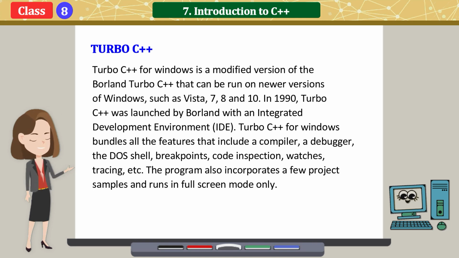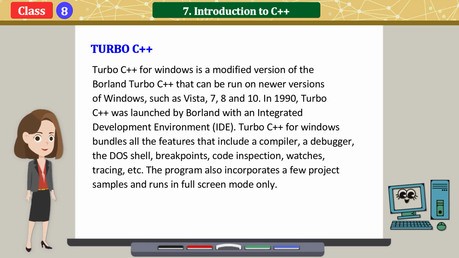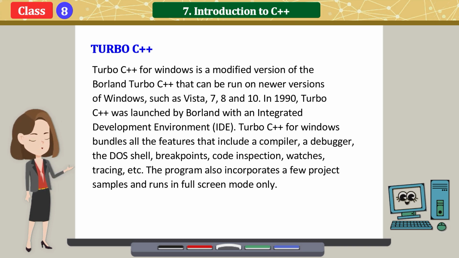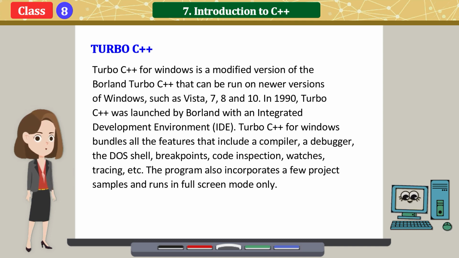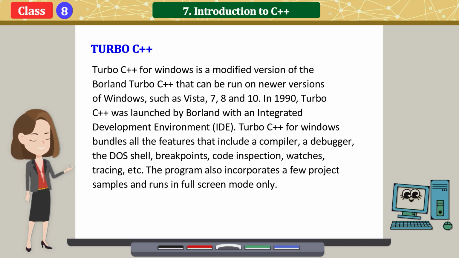Turbo C++. Turbo C++ for Windows is a modified version of the Borland Turbo C++ that can be run on newer versions of Windows, such as Vista, 7, 8 and 10. In 1990, Turbo C++ was launched by Borland with an integrated development environment, IDE.